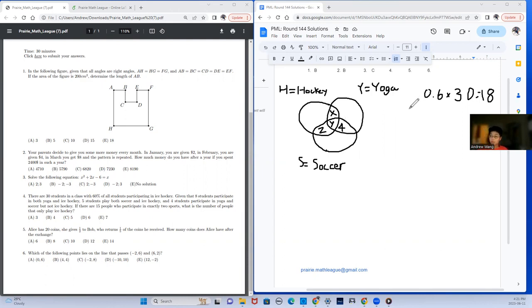And we can write some equations based on more information we're given in the question. X plus Y, which is the amount of people who do hockey and yoga, or at least hockey and yoga, equals 8. X plus Y equals 8.